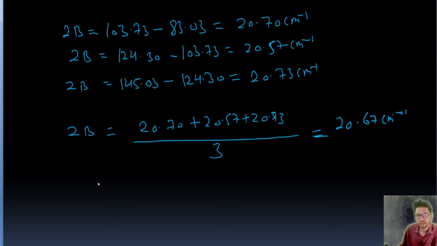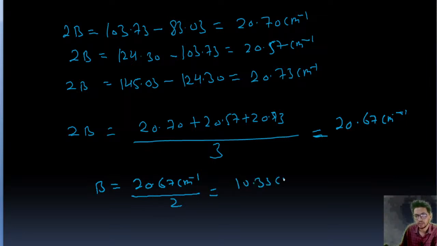So 2B is 20.67 centimeter inverse, right? So the B value is going to be 20.67 centimeter inverse by 2, and so this value is 10.33 centimeter inverse, and that is 1033 meter inverse. Okay, so this is the value of B.